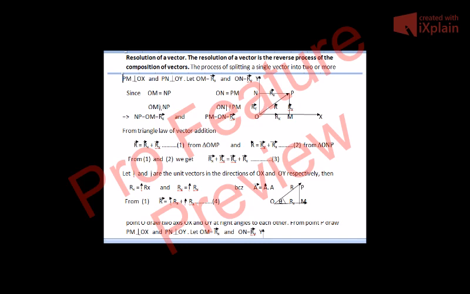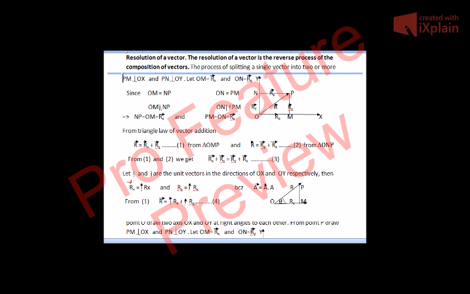Remember this thing, this Rx is a vector and this is equal to i Rx because the relation between a vector E, a unit vector E and the magnitude of E is given by vector E is equal to unit vector E into magnitude of E. Similarly, i is a unit vector in the direction of Rx, so it will be i Rx, where Rx is a vector, i is a unit vector, and Rx is the magnitude of Rx.